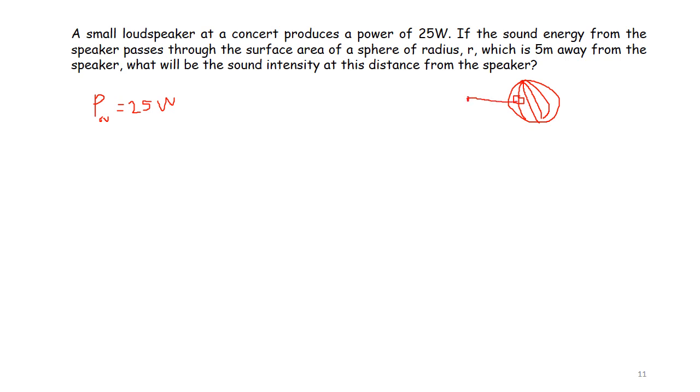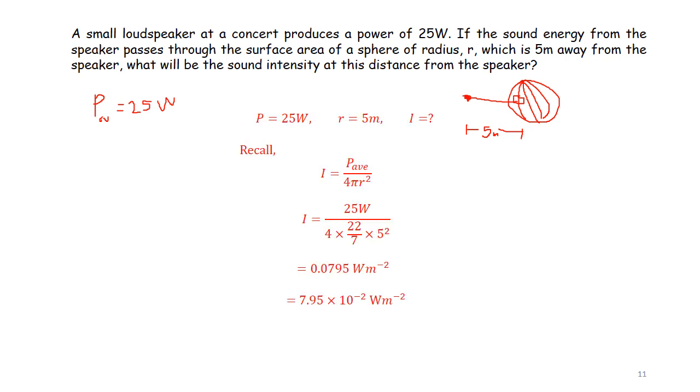This is the source of the wave, and this A1 is 5 meters from the source. What will be the intensity at this point? Very straightforward, with the formula we have already. We have that expression.